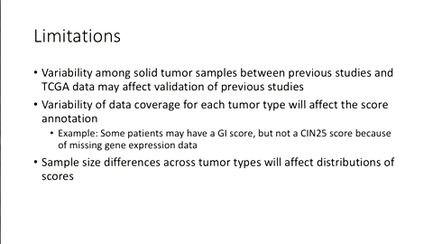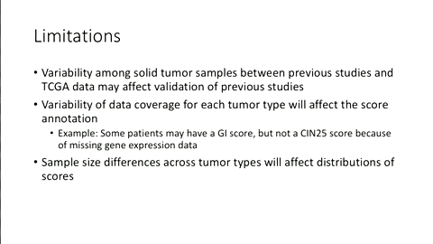So the limitations of this study include variability among solid tumor samples between the previous studies and the TCGA, which may affect the validation step of the previous studies. And there's also variability of data coverage for each tumor type, which will affect the score annotations.